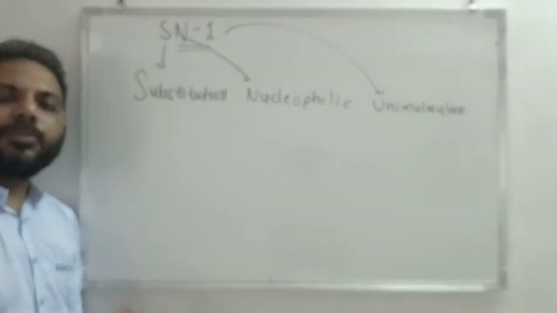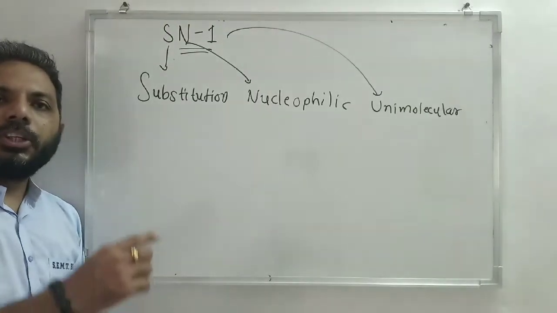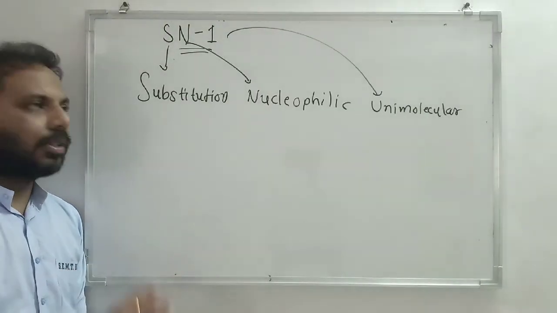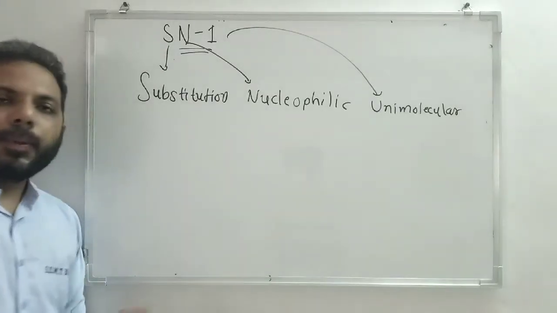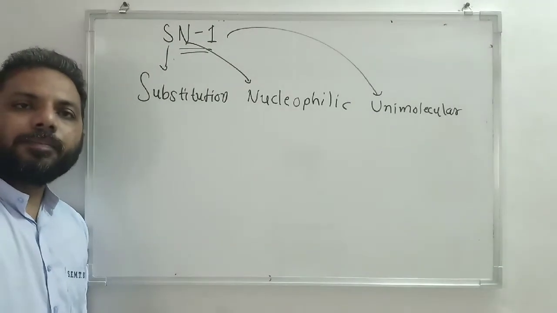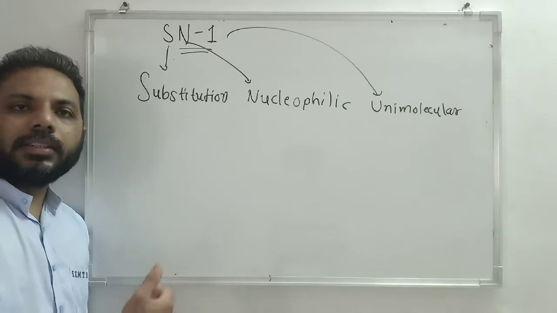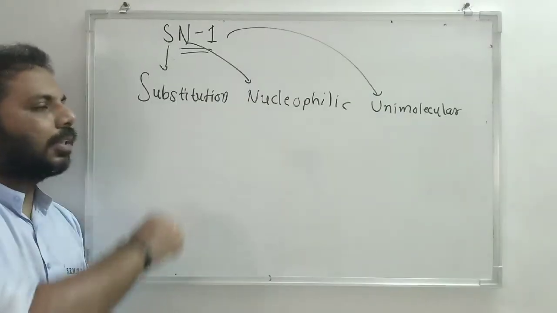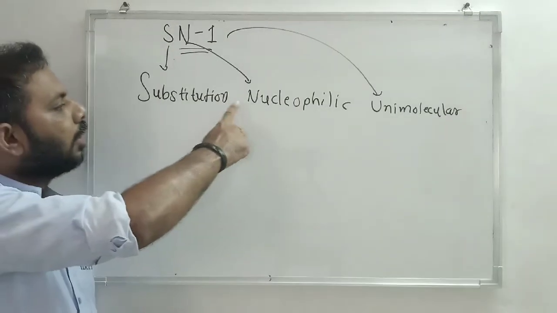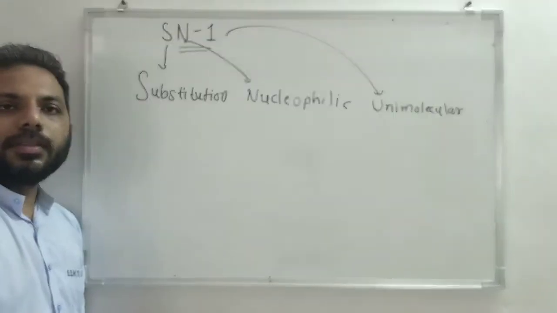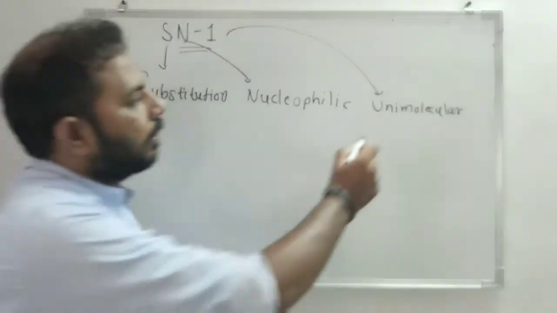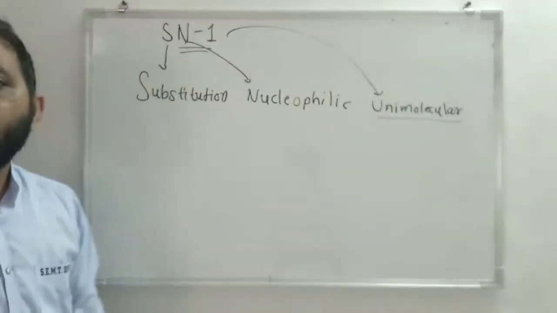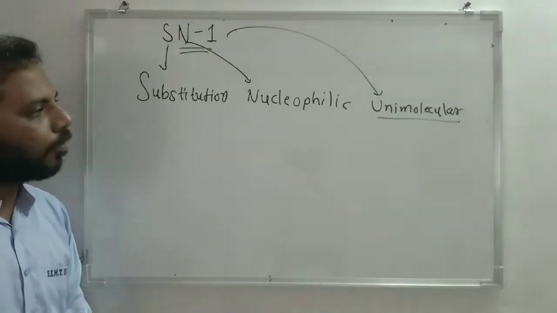Why is it known as substitution? Because nucleophile will substitute halogen. Nucleophilic, so nucleophile which is having negative charge will substitute halogen, and that is why it is known as nucleophilic substitution reaction. But the question is, why is it known as unimolecular reaction?